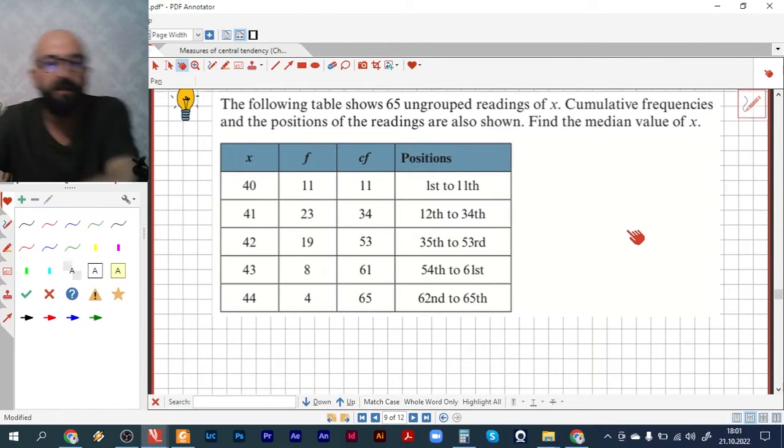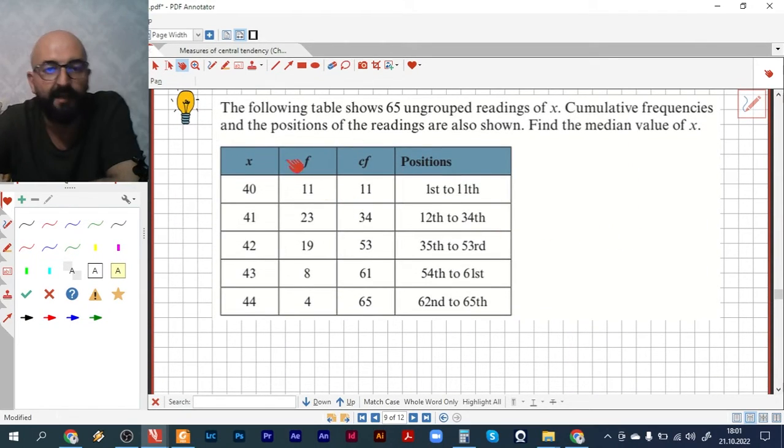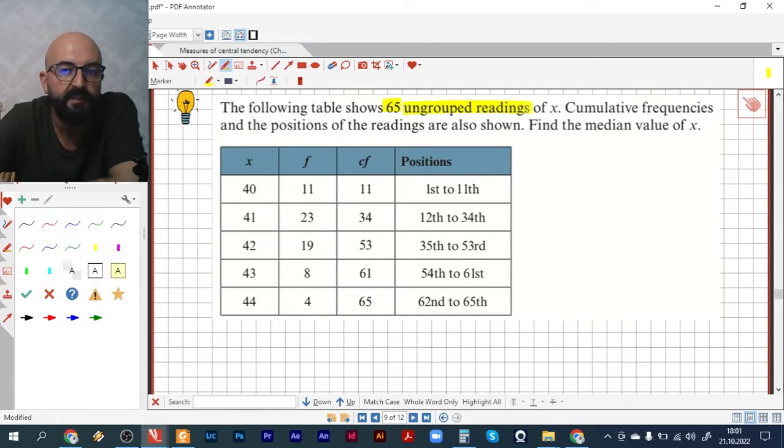We have another question. The following table shows 65 ungrouped readings of X. Cumulative frequencies and the positions of the readings are also shown.